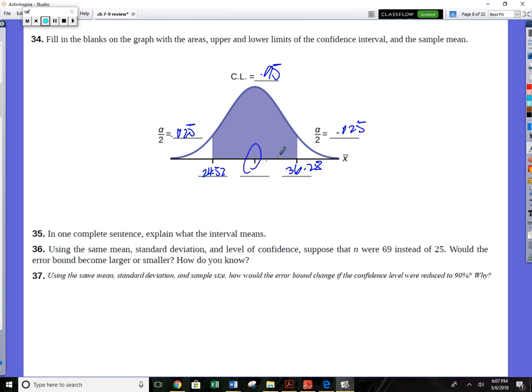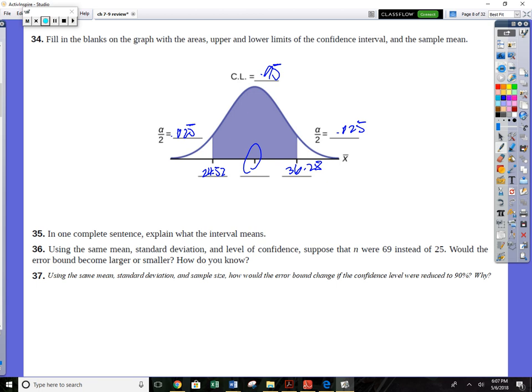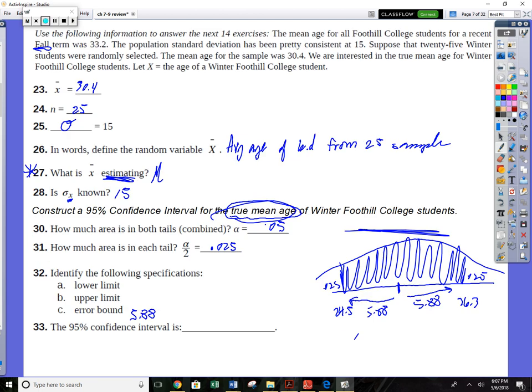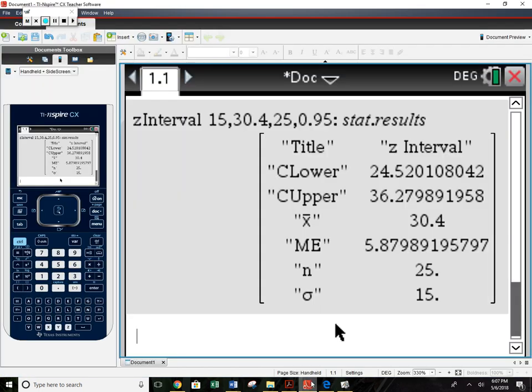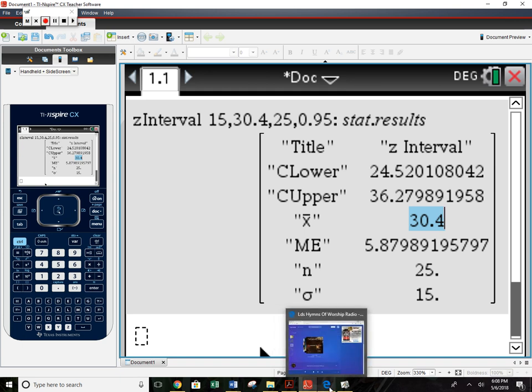And now this middle, I don't think it gives us, does it? Oh, let's look at the calculator. Does it give it to us? Oh, yep, it does. Okay, 30.4. That's what we knew.